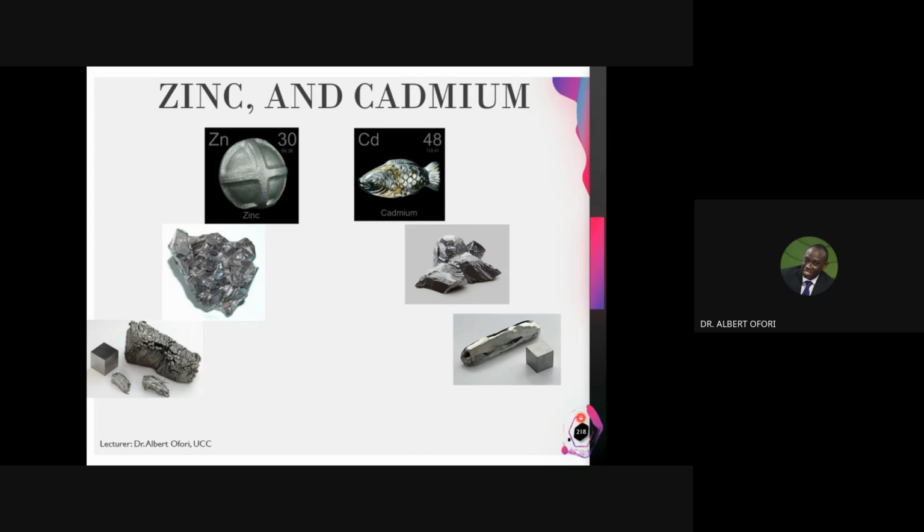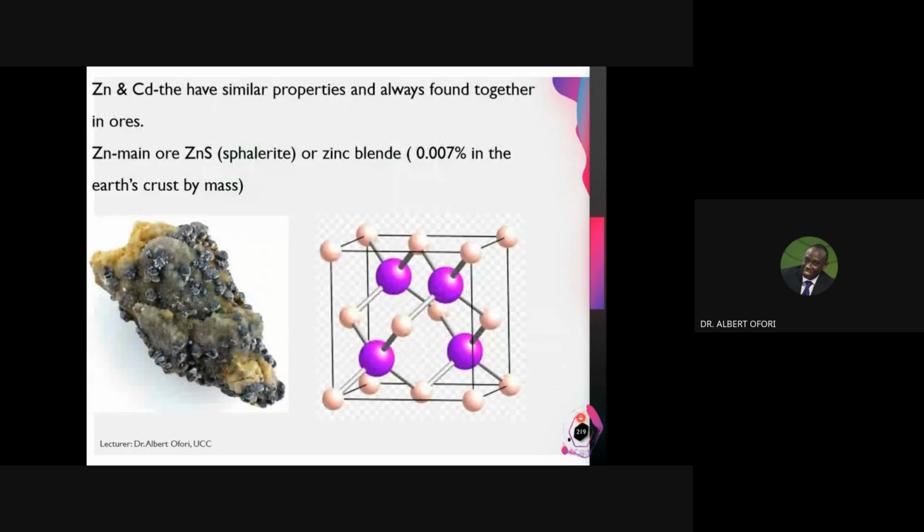Although one follows the other, the size difference is not that much. If you look at the common ore for zinc, we see it in the form of zinc sulfide, which is the sphalerite or zinc blende. That is on some rock. If you check the shape, this is how it looks.